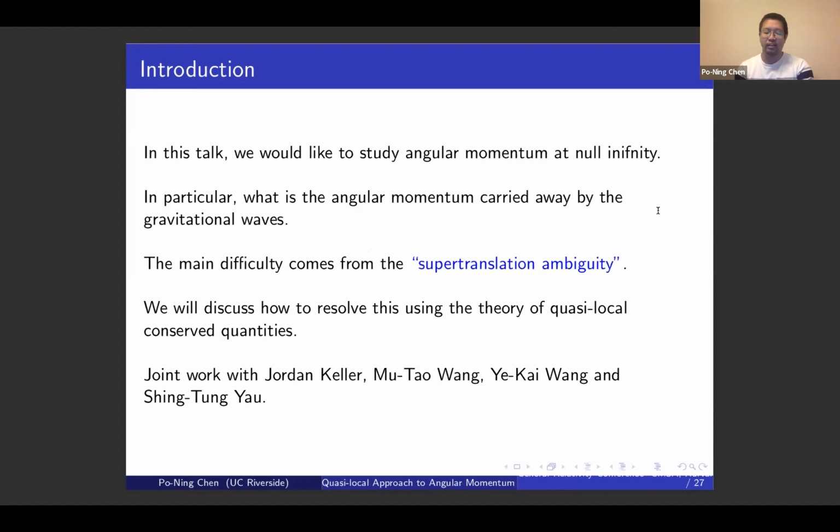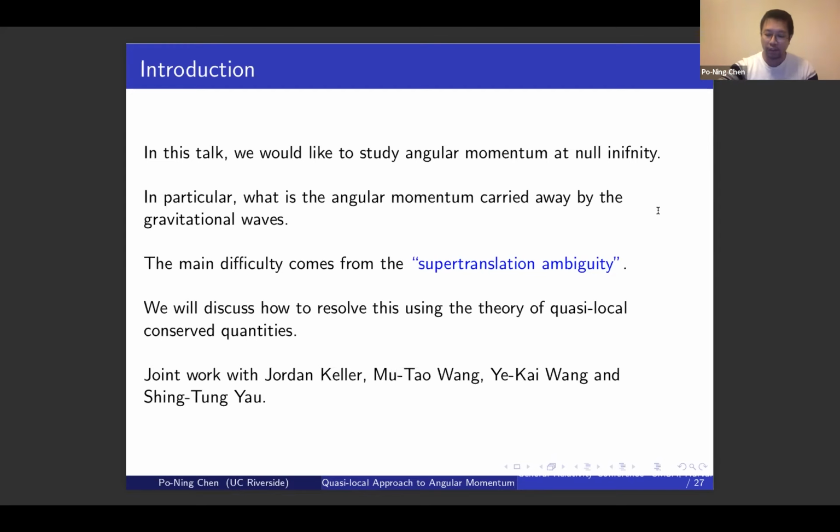Now at null infinity, the main difficulty comes from the supertranslation ambiguity. So we will discuss how we use the theory of quasi-local conserved quantities to resolve this difficulty. That's the title of the talk, a quasi-local approach to angular momentum in general relativity.